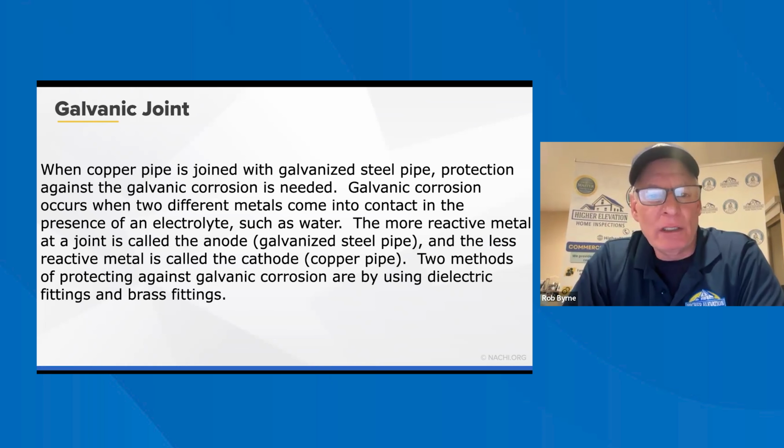That's why you have the anodes in the water heater to help with all of these things so it doesn't attack the liner of the water heater. Dielectric fittings and brass fittings would be a way to eliminate the galvanic corrosion between those two dissimilar metals.